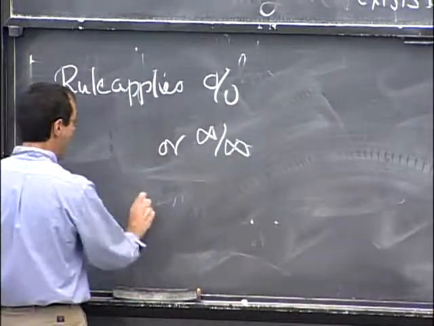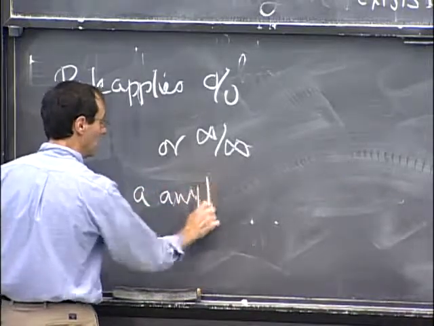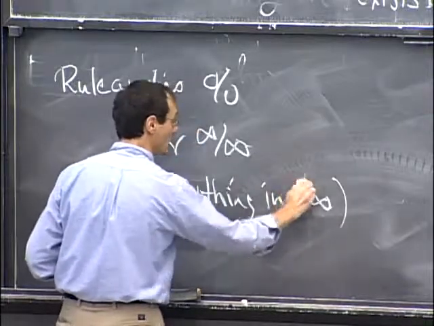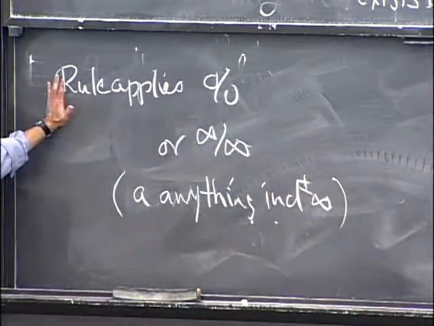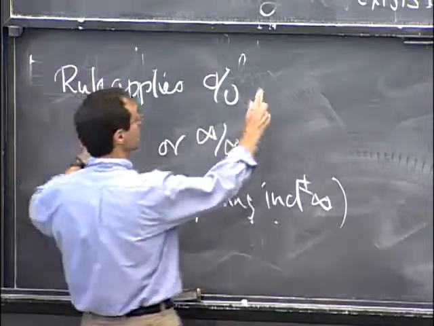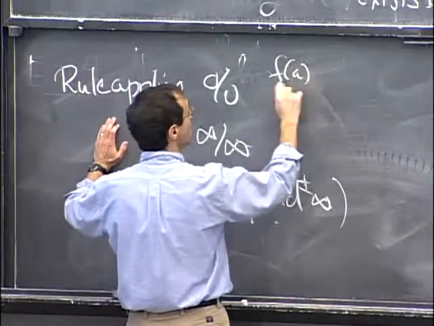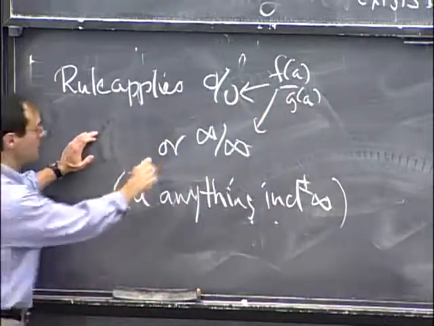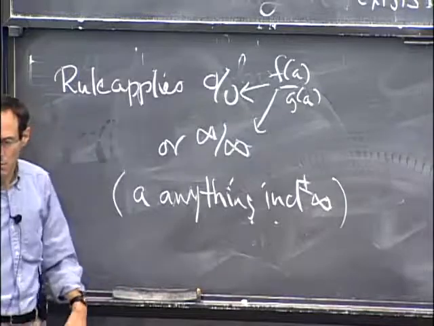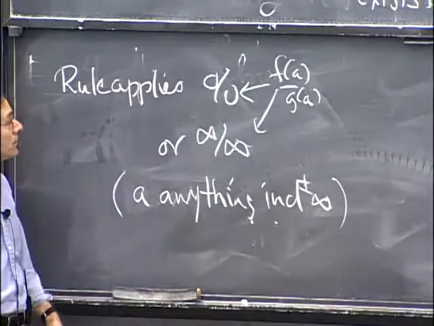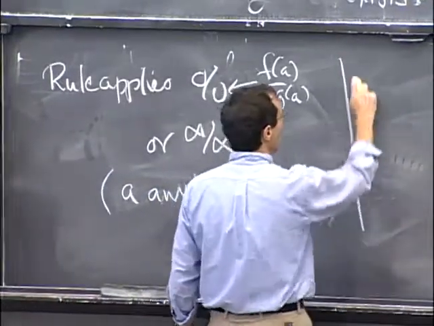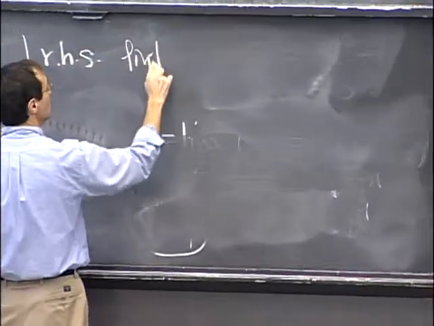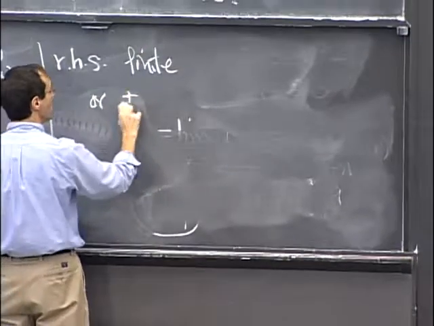And a can be anything, including plus or minus infinity. Okay, the rule applies in these two cases. So in other words, this is what f of a over g of a is, either one of these. And in fact, it can be plus or minus. And the right-hand side has to be something. It has to be either finite or plus or minus infinity.